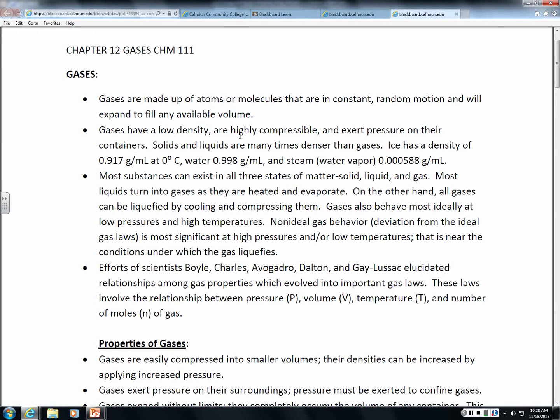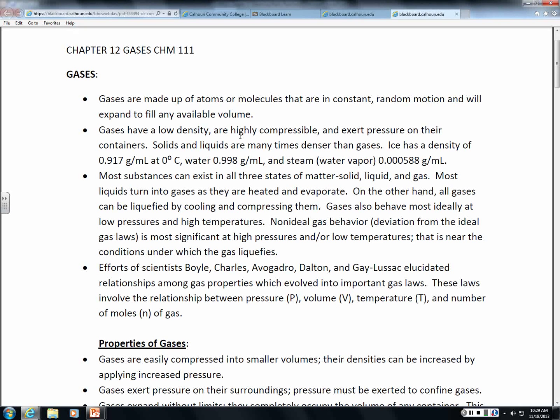We're also going to look at constants, volume, and numbers of moles. So we have different variables that we didn't have to look at with solids and liquids. That's why this chapter is kind of totally separate.